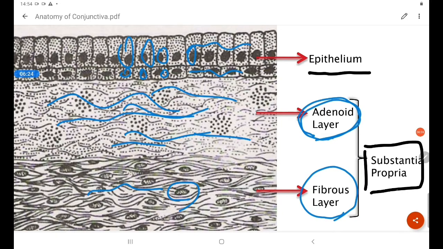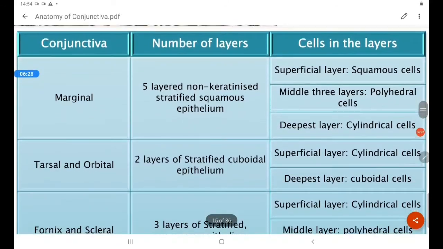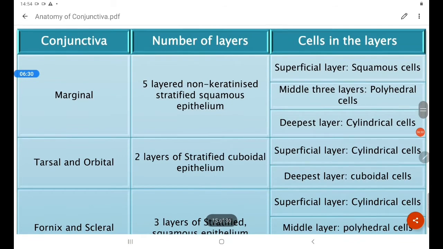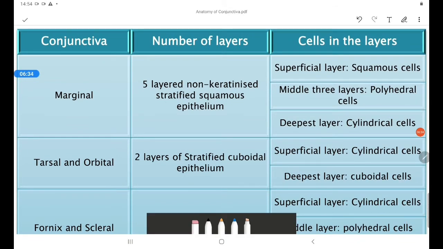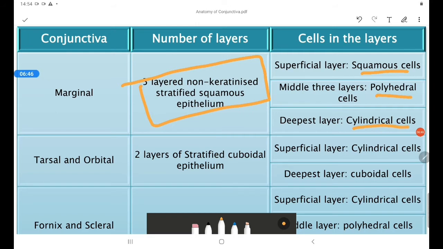Now coming to the number of layers in each segment, let's start with the marginal. Marginal, as you can see, has 5 layers of non-keratinized stratified squamous epithelium. The superficial is the squamous cells, then you have polyhedral and cylindrical cells.